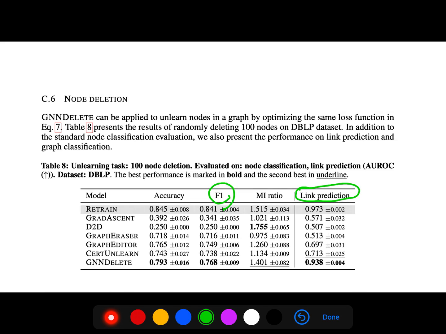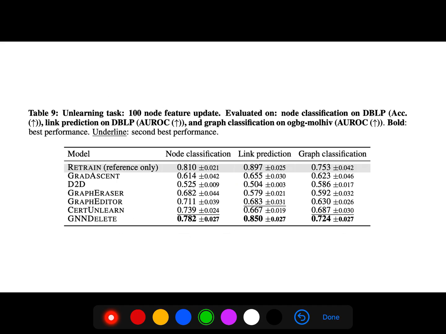It's interesting, but the challenge is that, for example, in F1 score, you see it's still 84, which is still below 95. This is 100 node deletion evaluated on the node classification task.